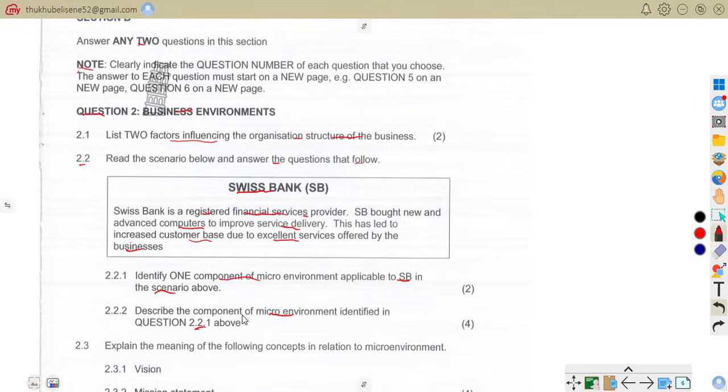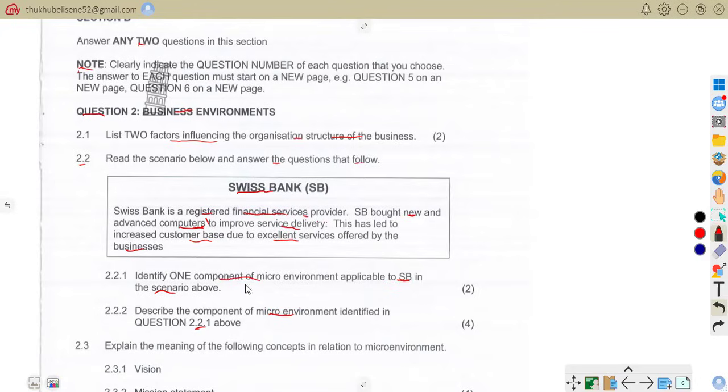Because we have said it's organizational resources, we have identified organizational resources from the scenario above. The reason we are saying it's organizational resources is because SB bought new and advanced computers. Those are resources for it to improve service delivery.